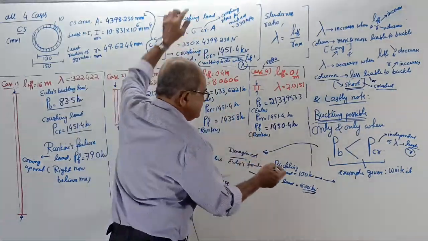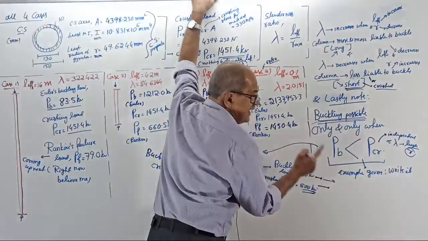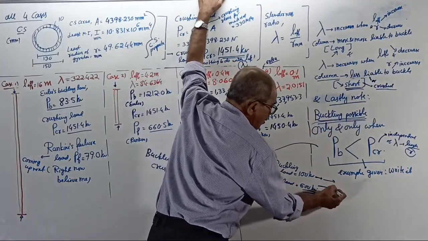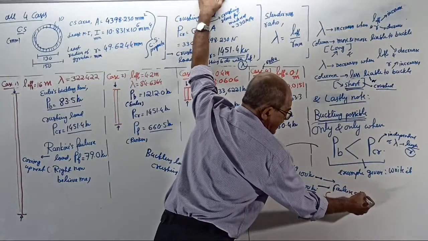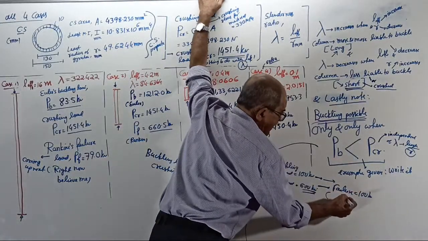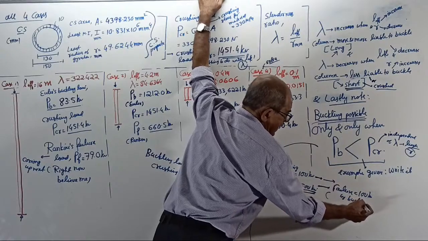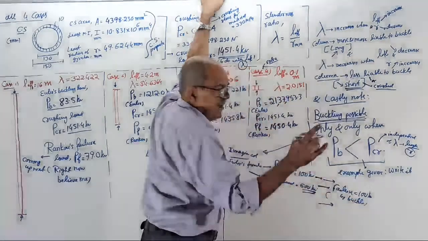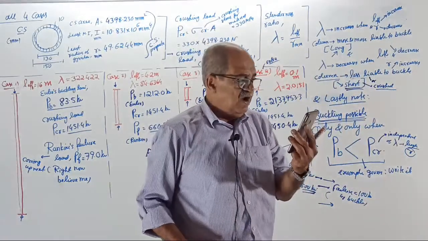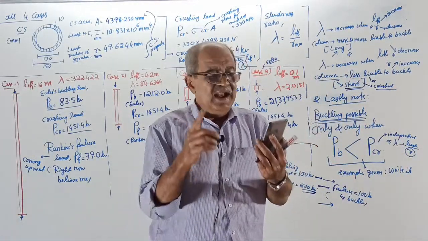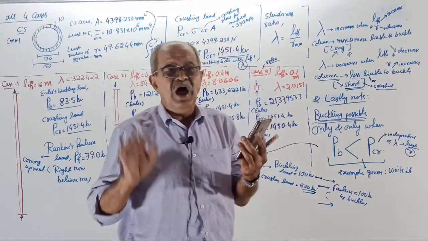So for this column, your statement that failure load is 100 kilonewton by buckling, is it justified or not justified? Theoretically, justified or not justified?